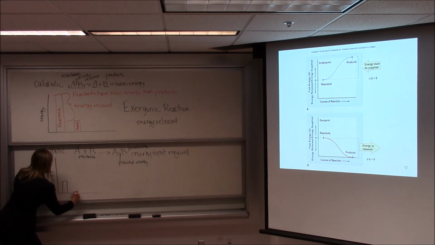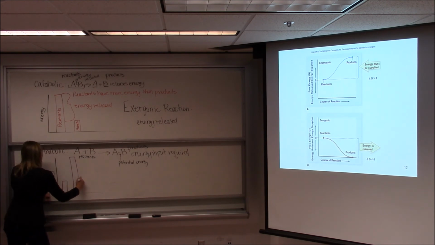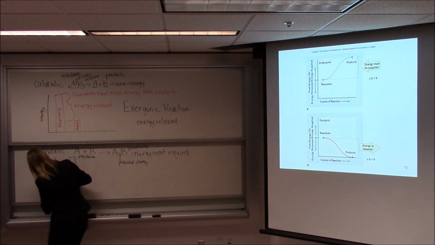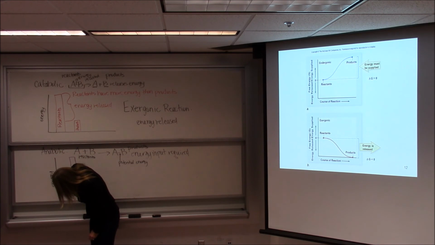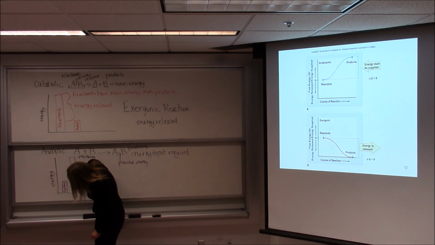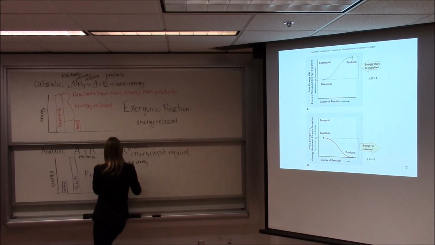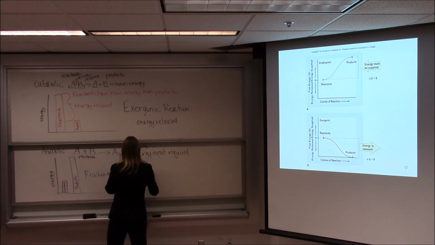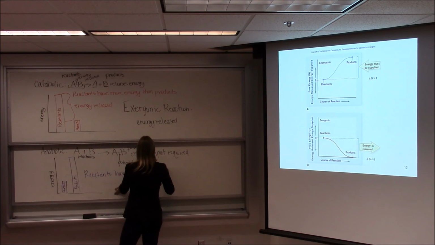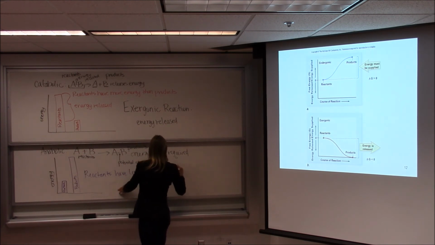So looking at energy in the reactants versus the products, in an anabolic reaction, reactants have less energy than the products.